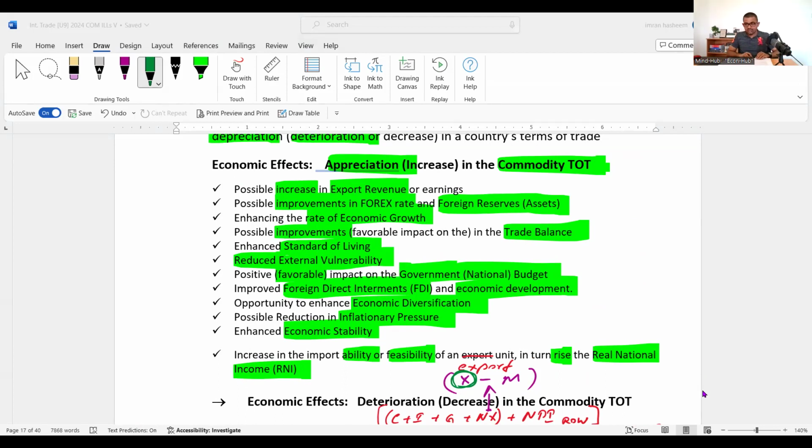What is the challenge? There are a list of points given for appreciation of terms of trade. I want you to suitably adjust these points for a deterioration or depreciation of commodity terms of trade.